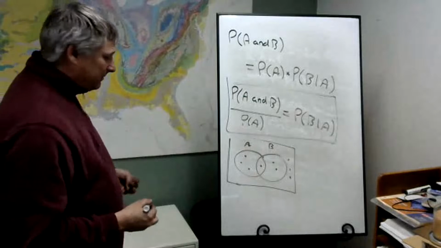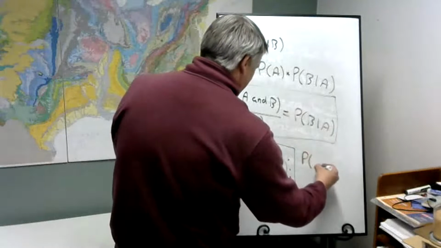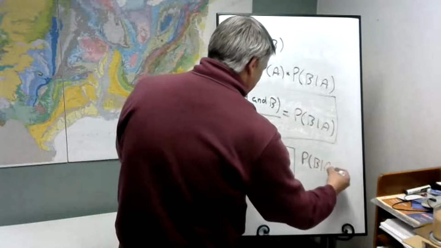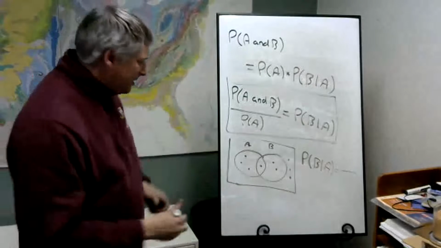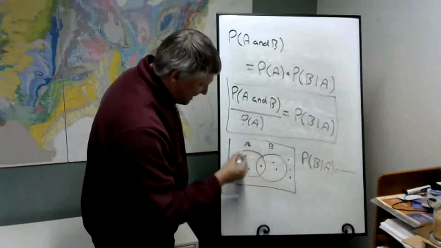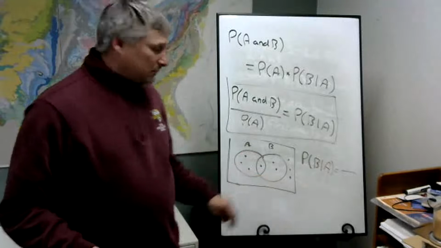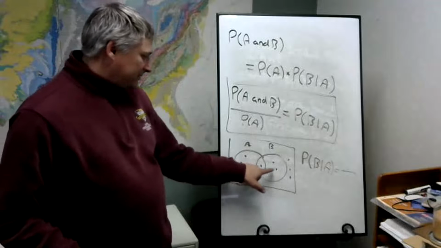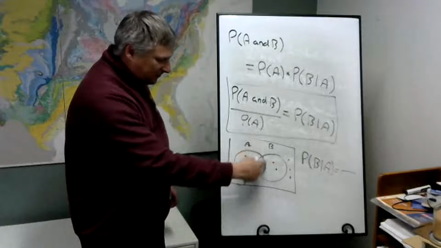So what we saw before is the probability of B given that A has occurred. Now what this means, again, is we take our sample space, shrink it down to event A only. So we go from 9 outcomes total, the 4 here, there's 2 more, then there's 3. We're going to shrink down to just these 4.